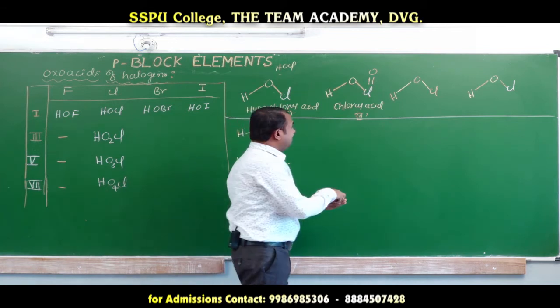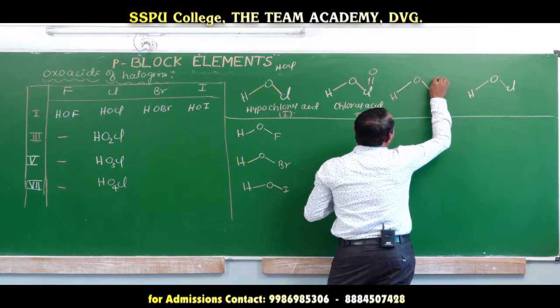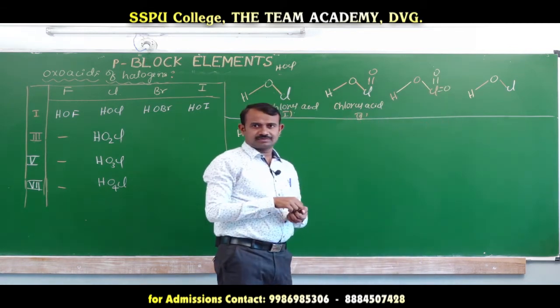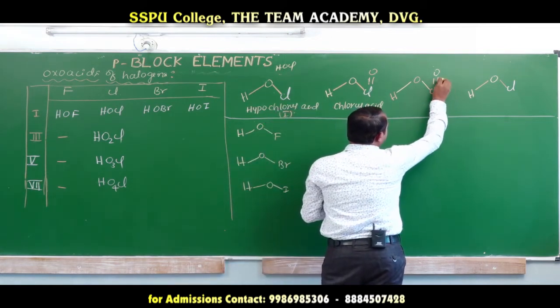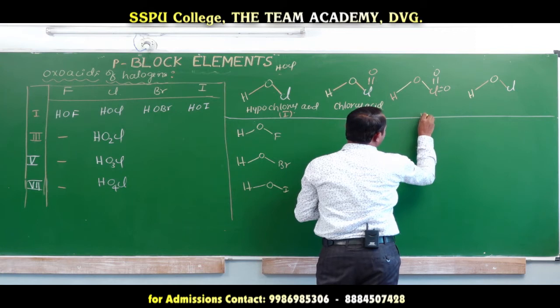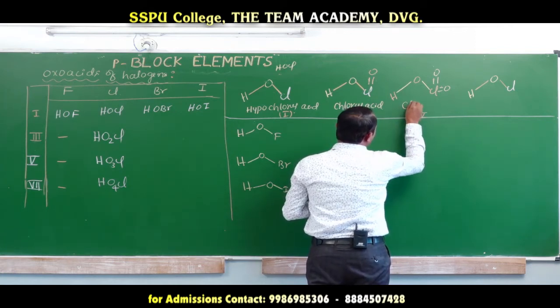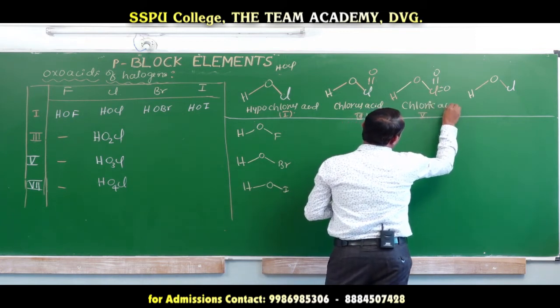When there is a double bond on Cl, one oxygen is there. Here 2 oxygen. This oxidation state is 1, 2, 3, 4, 5. Oxidation state is 5. Okay? 5 means 5 valency. This is chloric acid.